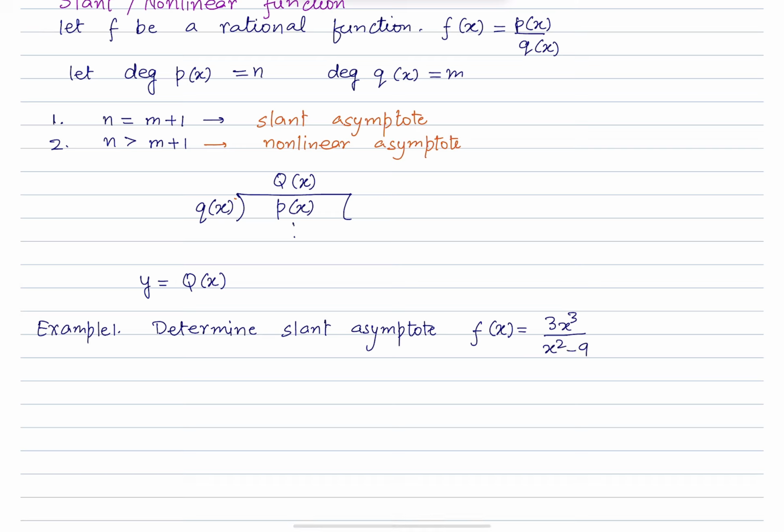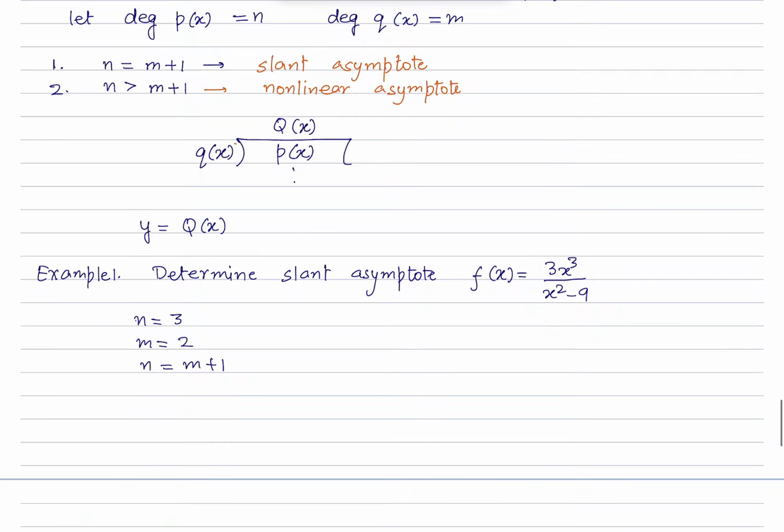In this case, the degree of the numerator is 3, the degree of the denominator is 2, so the degree of the numerator is 1 more than the degree of the denominator, which means we have a slant asymptote.